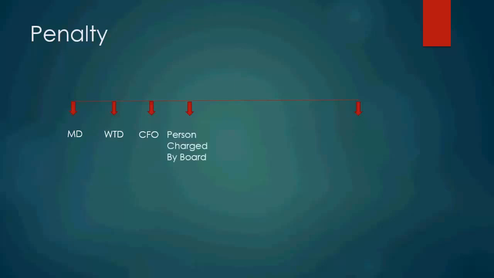So to look at the penalties in detail, because you have to remember, you may be asked in the exam to quote the penalties. There are 4 basic people who will be penalized, who have been given the responsibility: the MD of the company, the whole-time director, the chief financial officer, and the person in charge whom the board has nominated by passing a resolution in the board meeting, right?